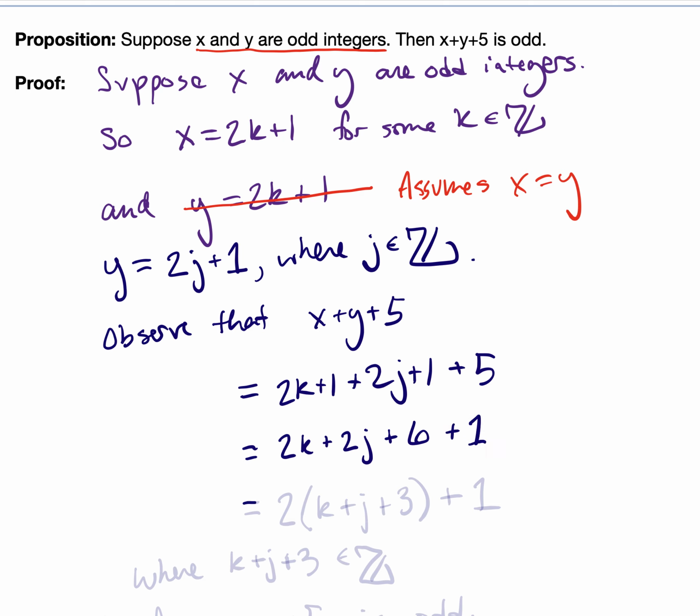And then we want to show that this is equal to 2 times some integer plus 1 to show that it is odd. So 2 times k plus j plus 3, plus 1, where k plus j plus 3 is an integer. And therefore, x plus y plus 5 is odd, and we have completed our proof.